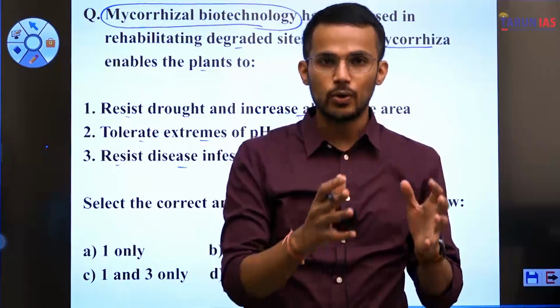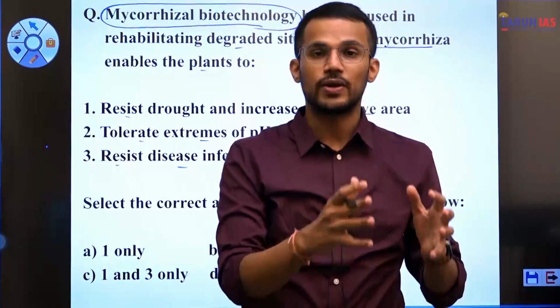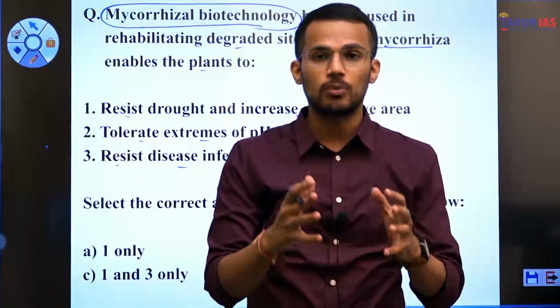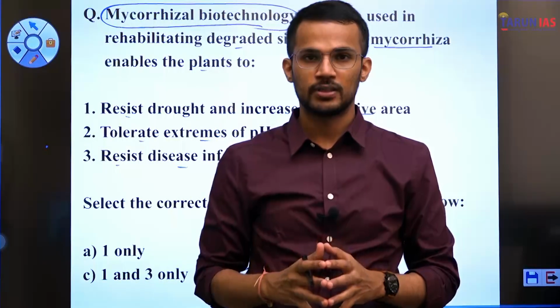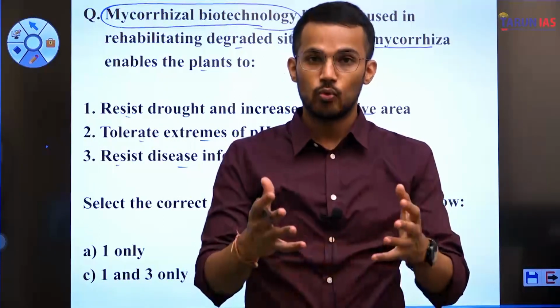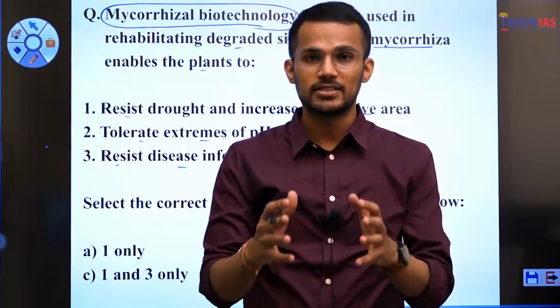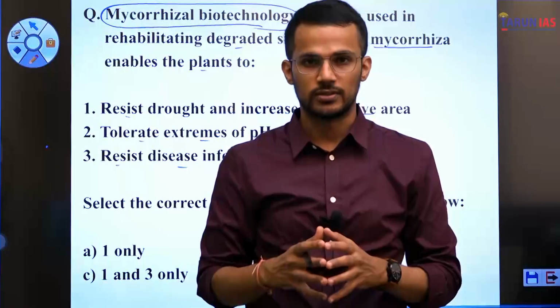Fine. So in biotechnology, what do we do? We use living organisms or various processes associated with living organisms for the development of such products which are useful for human beings. The most popular example in recent times is vaccines. So vaccines are developed based upon viruses or various other pathogens.